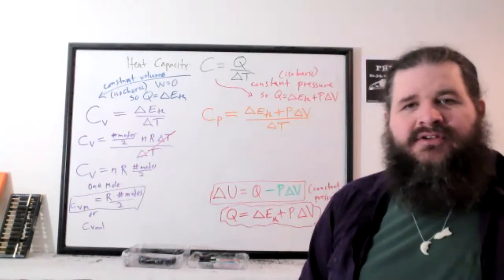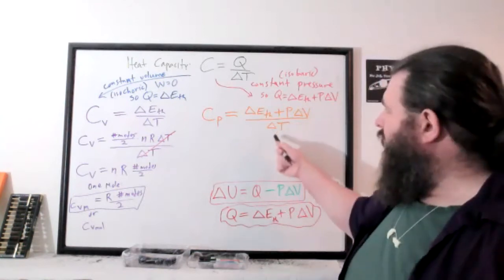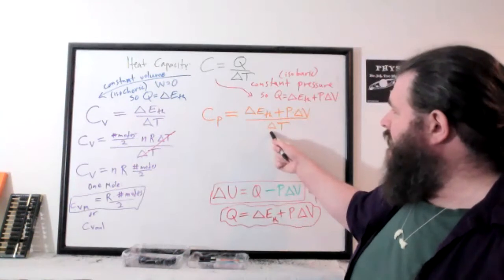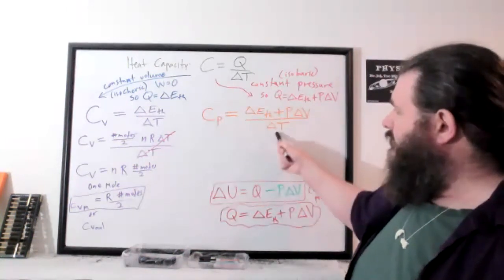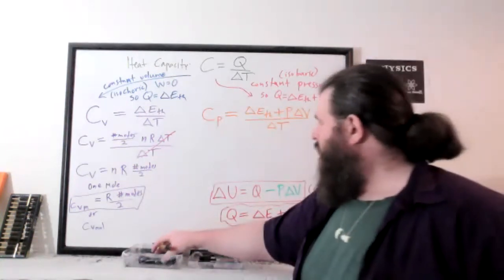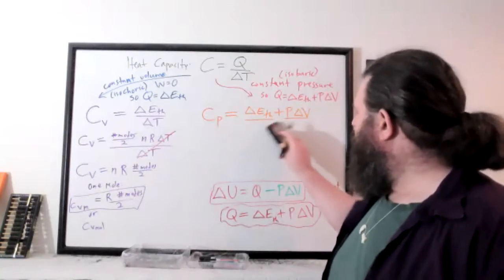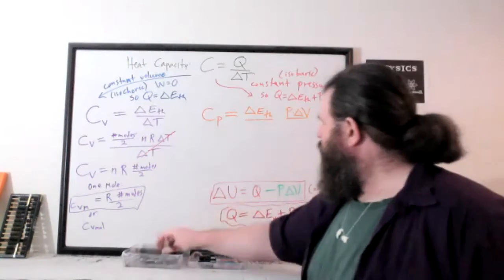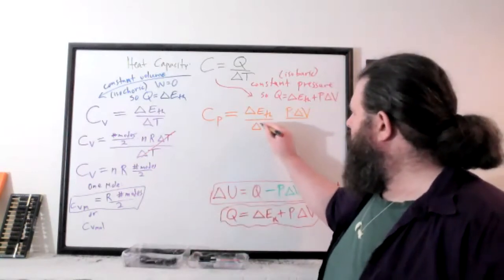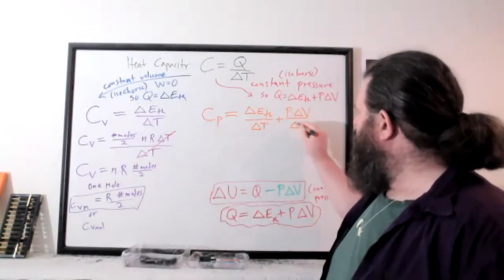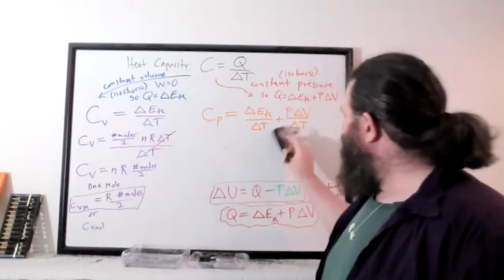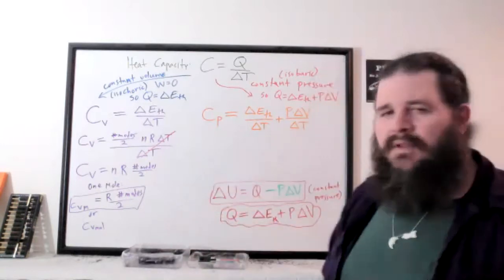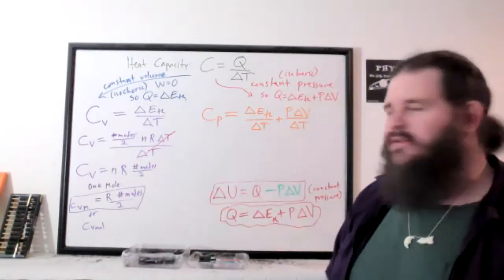And because division distributes over addition, we can rewrite this as delta E thermal over delta T plus P delta V over delta T. So let's split that up.